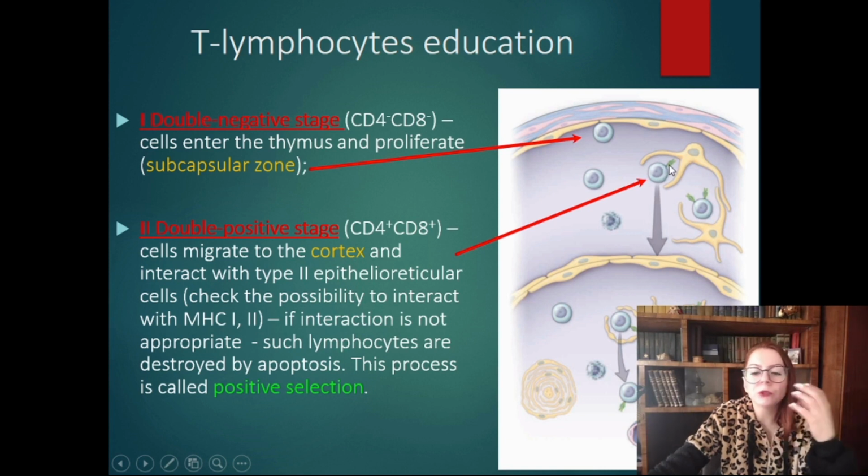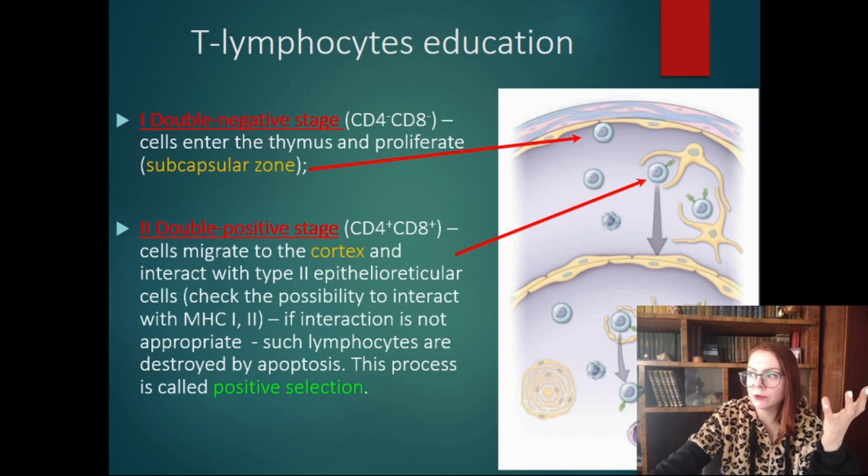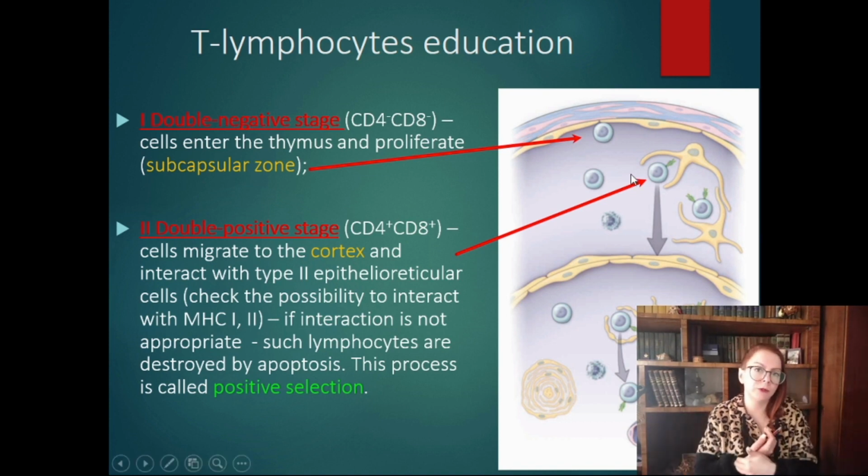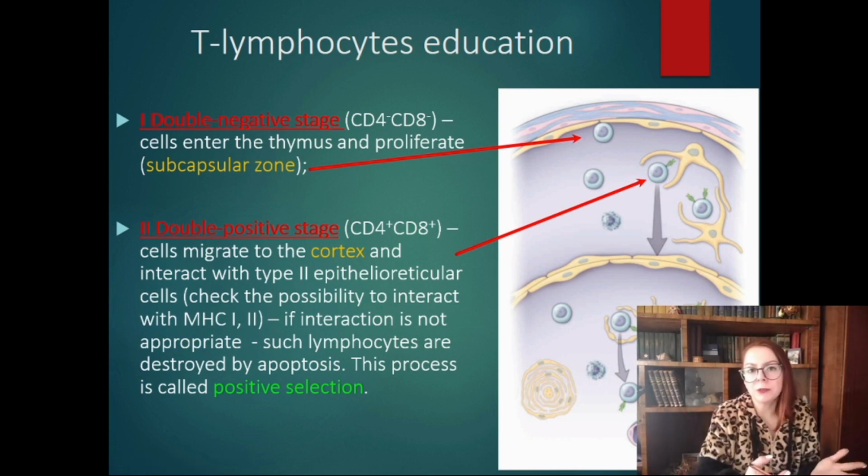In case this interaction is improper, in case CD4 or CD8 is defective, or the T cell receptor prevents proper contact with the MHC receptors, in this case such lymphocytes are destroyed with the help of apoptosis, because such lymphocytes can't perform their function. We don't need them. If they can't interact with MHC, this is their critical function, then we don't need them.